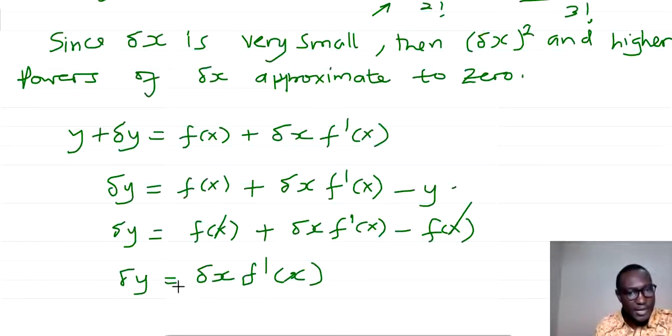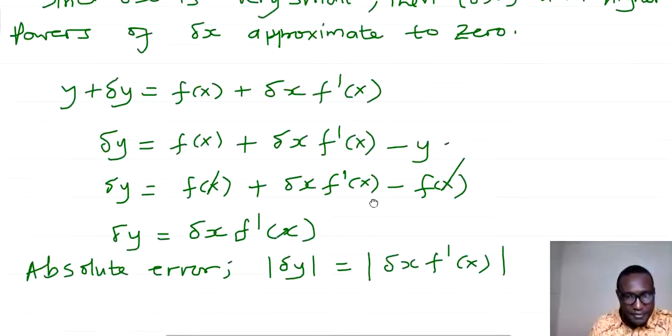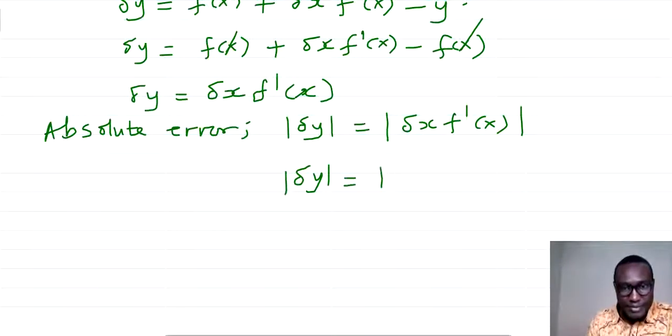From here, we go ahead and get the absolute error, which is the magnitude of delta y being equal to the magnitude of this whole term, delta x f'(x). But because f'(x) is a function, we cannot bound any function, meaning that the magnitude signs will only apply on the error. So we shall have the magnitude of delta y being equal to the magnitude of delta x times f'(x).